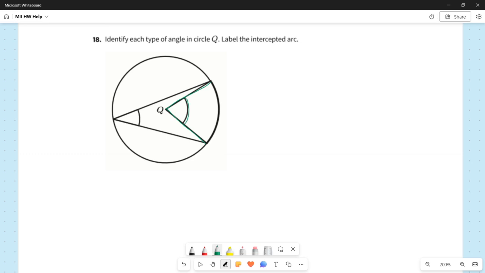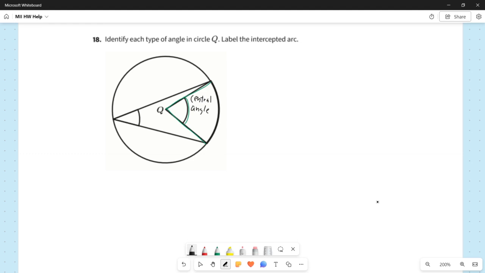So radius, radius, angle. And this angle that's formed is called a central angle, which isn't too difficult to remember because it's at the center. So when you have an angle at the center, formed by two radii, that is known as a central angle.